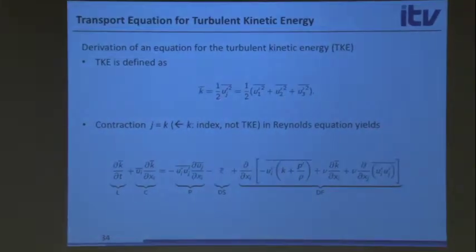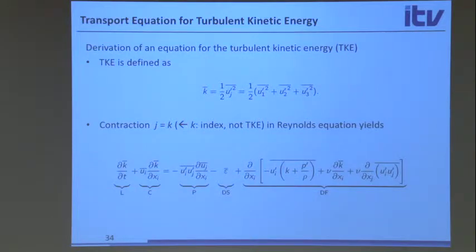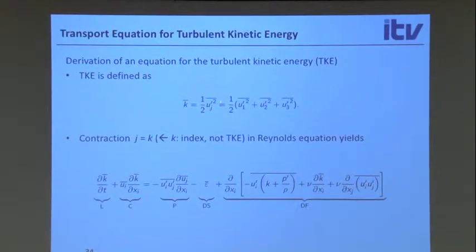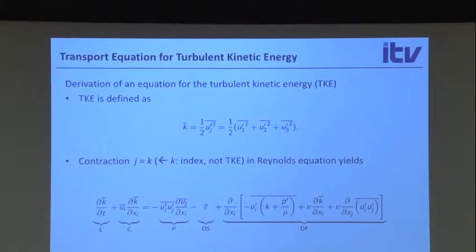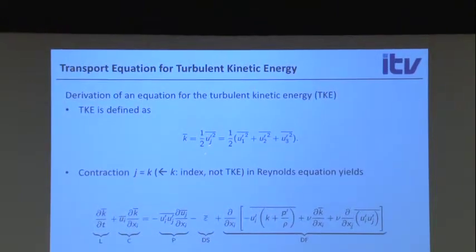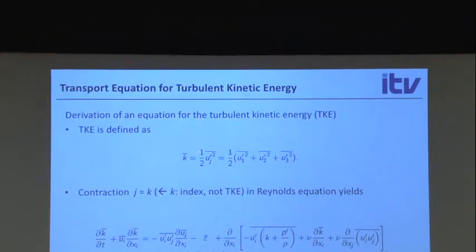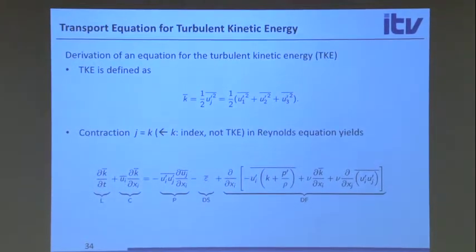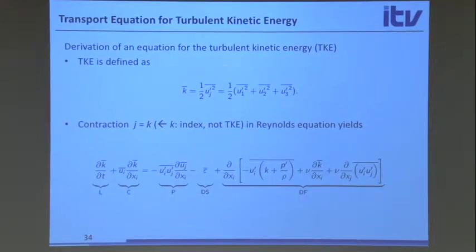You see the uj prime squared. That's the kinetic energy of the eddy that has velocity fluctuation u, okay? Or this divided by 2, right? So 1/2 u prime squared, that's a kinetic energy. So that's what we use here, the kinetic energy, and that is the kinetic energy in the 3 directions, just add it up. And I can derive an equation for this and then see what I can do with that.